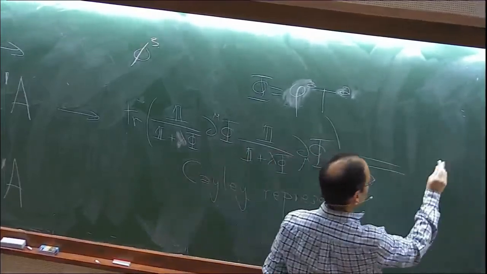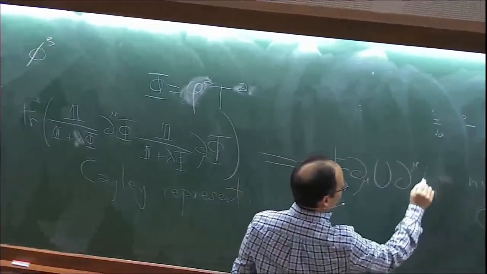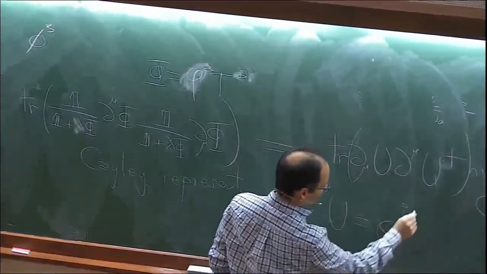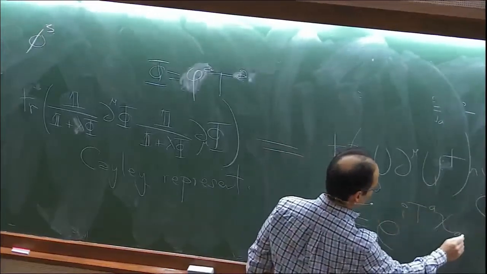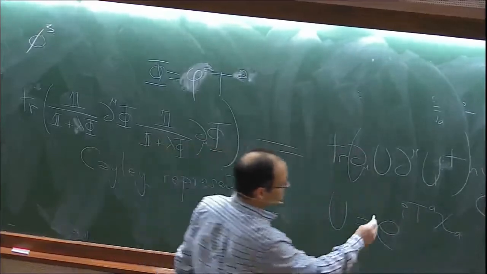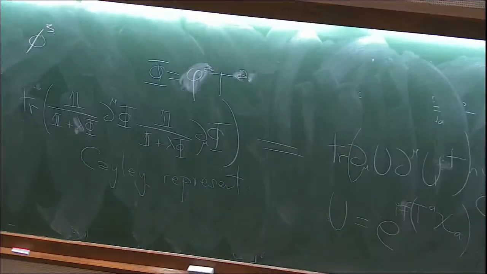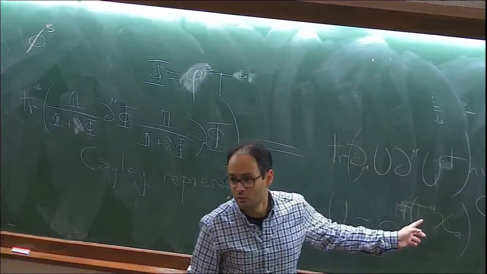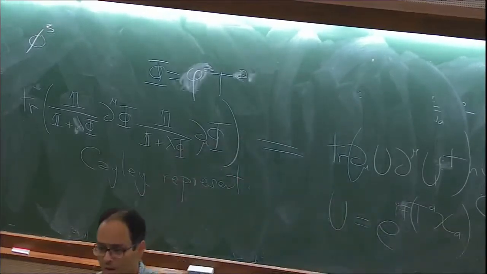So there is a field redefinition so that this Lagrangian can be written as the trace, where U is e to the i dA, and this phi is a different phi, so maybe I could call it chi A, with some coupling constant that is usually called F. And this is a theory that Shiraz was talking about. This is the nonlinear sigma model, and it's useful in the description of pions. We usually take these matrices to be 2 by 2, and this describes pi plus, pi minus, and pi 0.